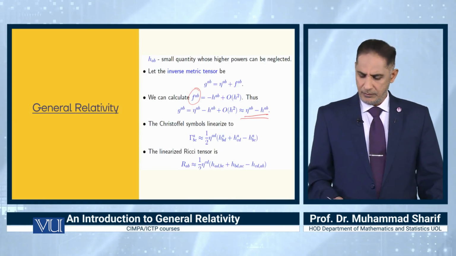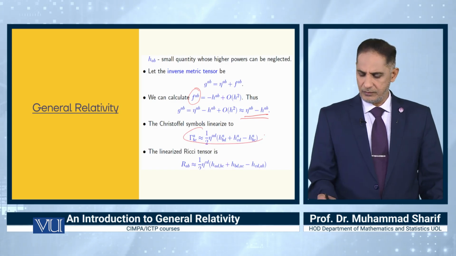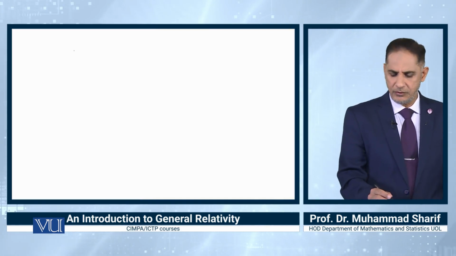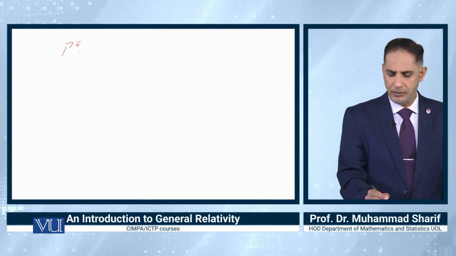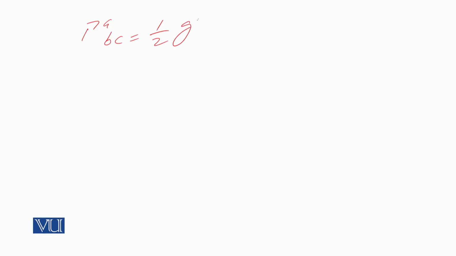I am going into a bit of detail on how to calculate this linearized Christoffel symbol. This is very simple. We know the definition of the Christoffel symbol: Γ^A_BC is equal to half g^AD (g_BD,C + g_CD,B − g_BC,D).